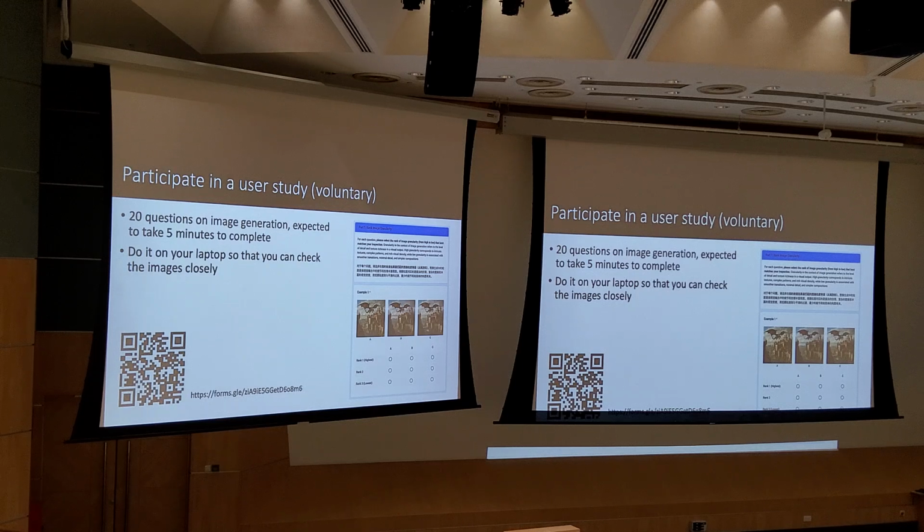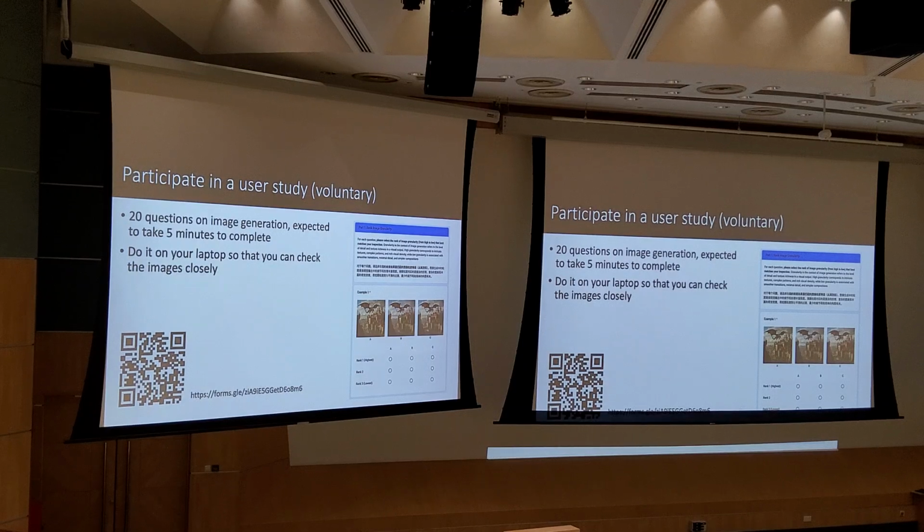We use diffusion models to generate images, and we are doing a user study to see how good the generated images are. There will be 20 questions, and it's expected that you can finish in just 5 minutes. It's preferable if you can do it on your laptop so that you can look at the images more carefully.